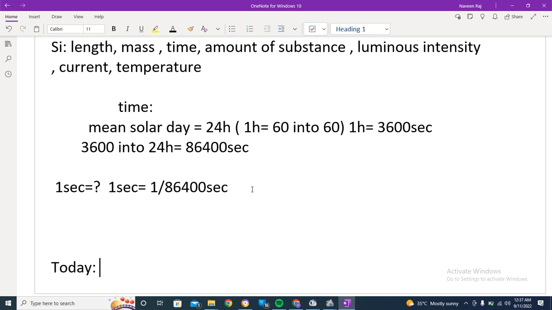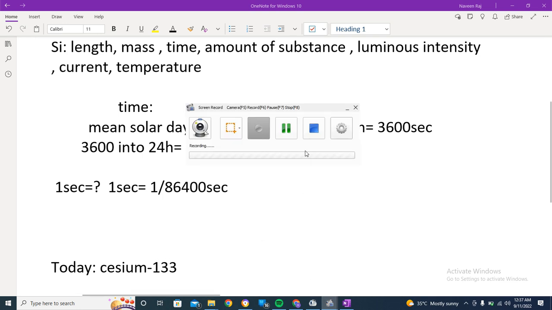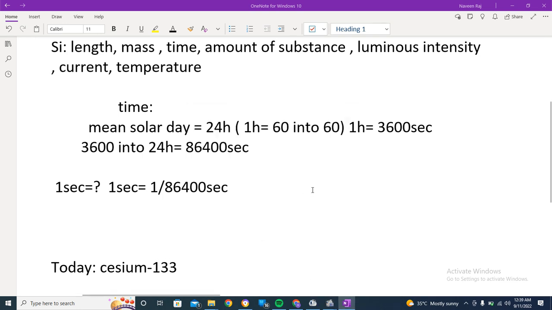For that, what we did was take cesium 133, an isotope of an element. So we are discussing cesium, right?